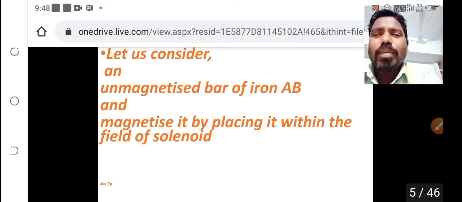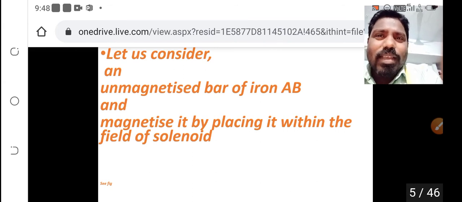In the field of the solenoid, the unmagnetized iron bar AB is placed in the solenoid. Then what is happening? The solenoid works as an electromagnet, which converts this unmagnetized material into magnetized form.